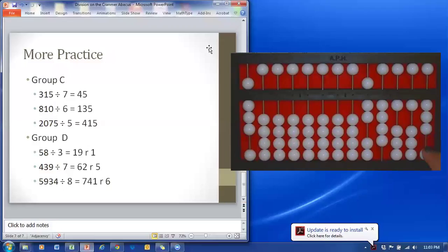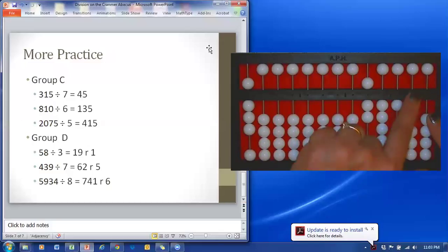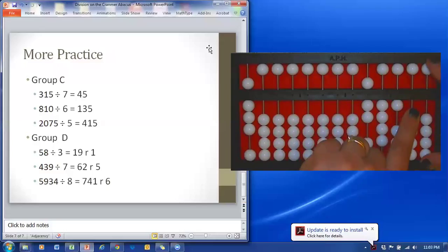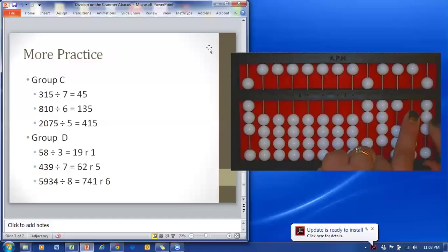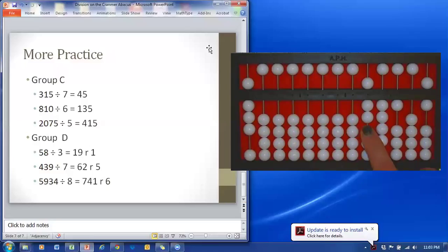So 1 down, 2 down, 3 down, 4 down, help out, 5 down as I return the 9 ones. 6 down, 7 down, 8 down. At this point, my answer is 741, remainder of 6.